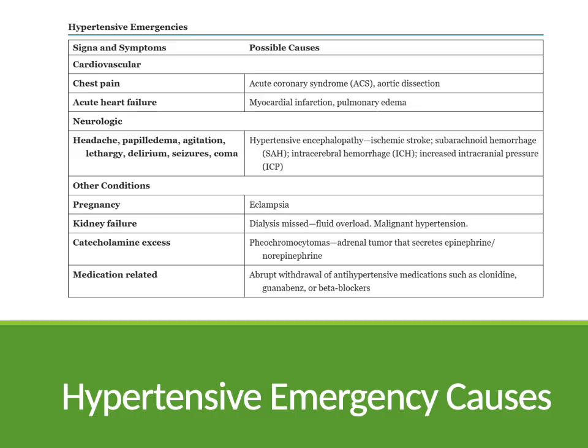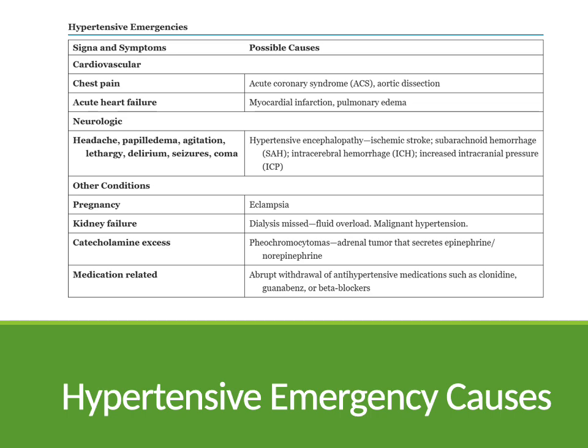In pregnancy, the cause could be from eclampsia, and eclampsia can occur even several weeks after delivery, as the body starts to transition from a pregnant to a non-pregnant state. Kidney failure can occur, and they may end up having to go on dialysis temporarily.